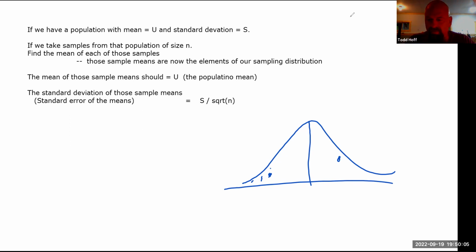So let me show you what we mean by that. Let's say the population has a mean of 72, standard deviation of 9.